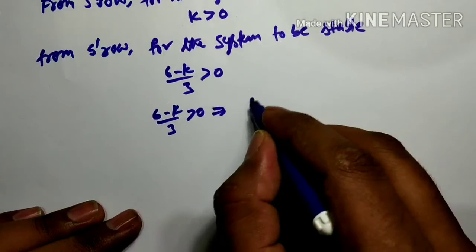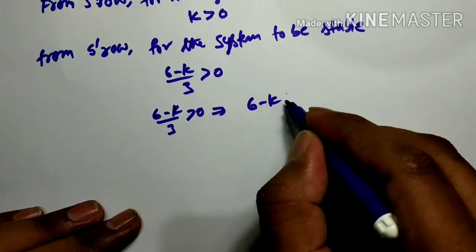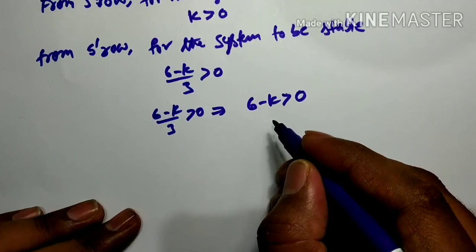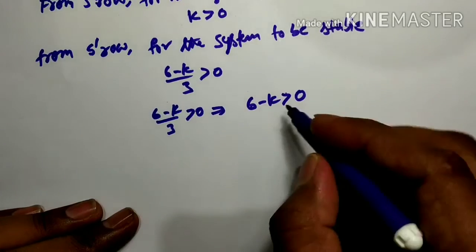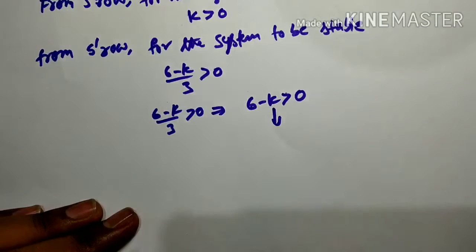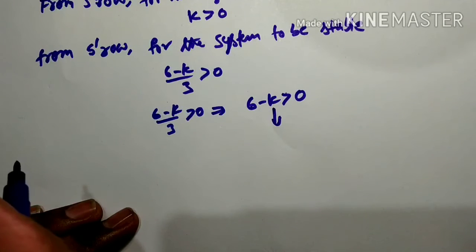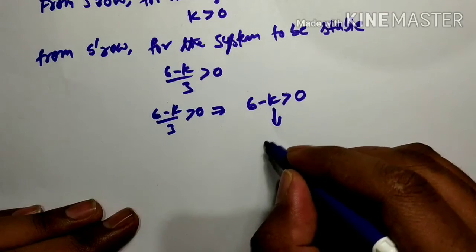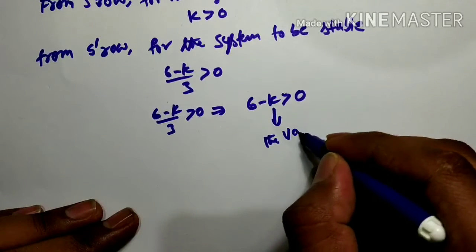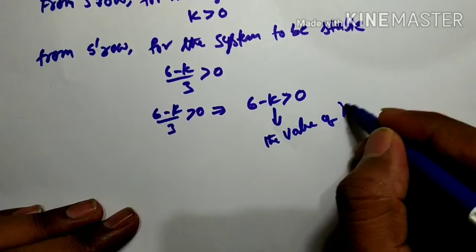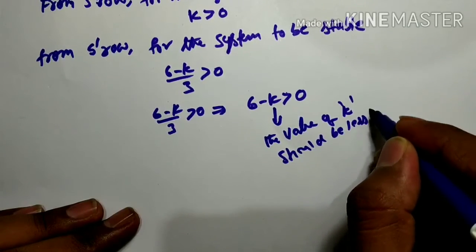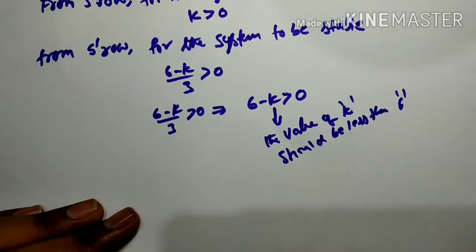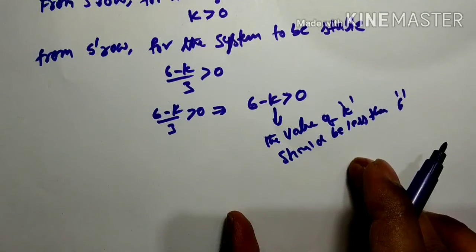When you cross multiply, it means the value of k should be less than 6. The k value should be less than 6 and greater than 0.